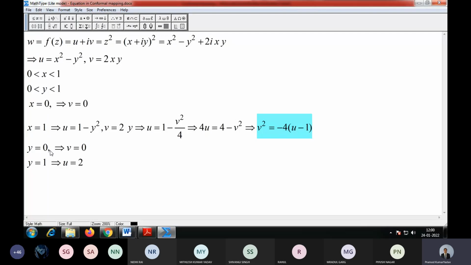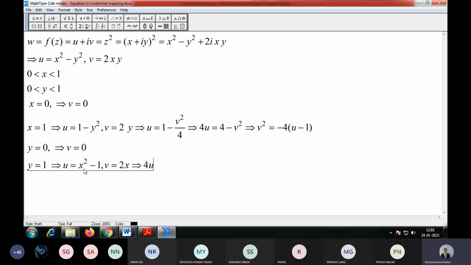Similarly, when y equal to 1, we get u equal to x square minus 1 and v equal to 2x. So again, we may get a relation in terms of u and v. What is the relation here? Can I write directly? For u, x is v by 2.